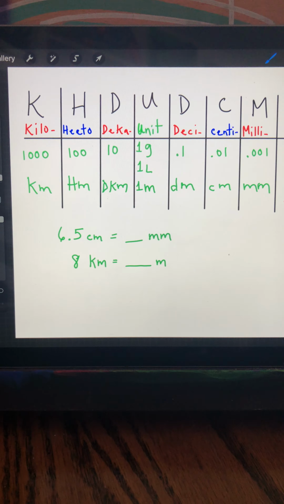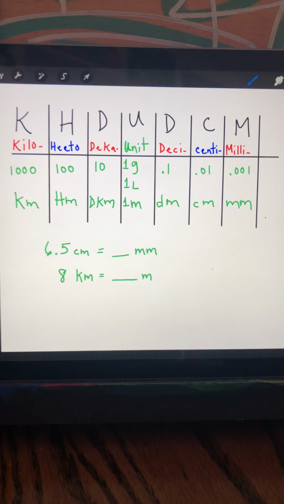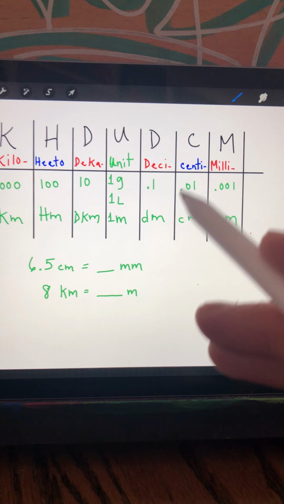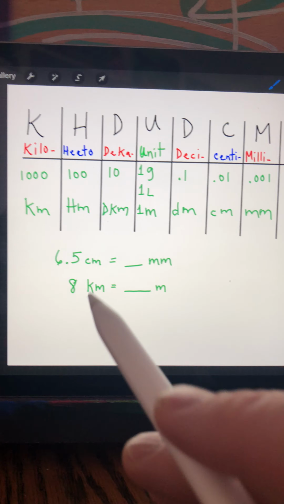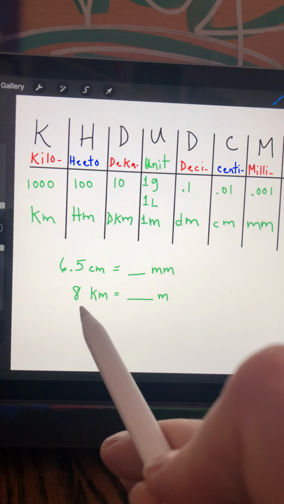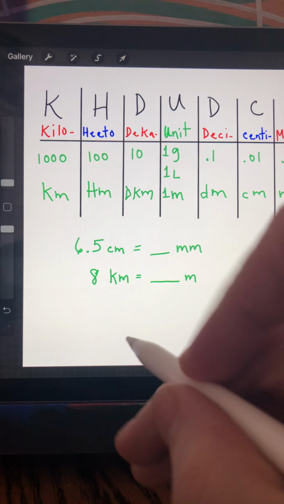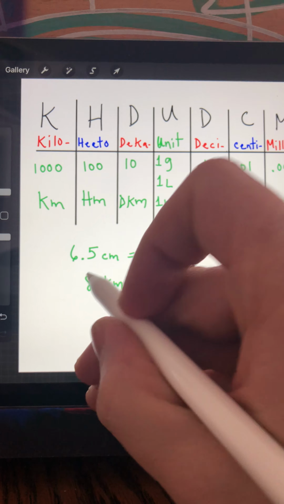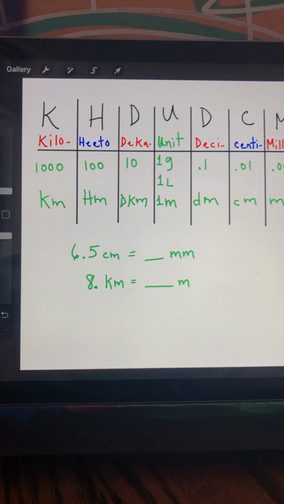So there go the prefixes. So today we're trying to turn a centimeter to a millimeter. It's really important to know where your decimal is in the number. So if you get a number like this right here and it doesn't have a decimal, what I want you to do is always place your decimal first. Let's put a decimal in the number 8. We know it goes just to the right of the digit.